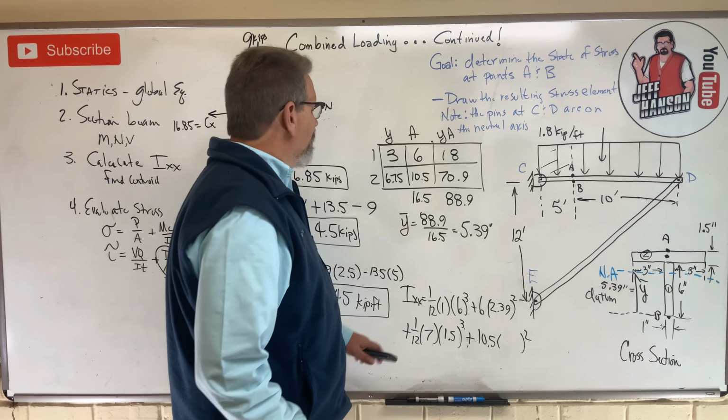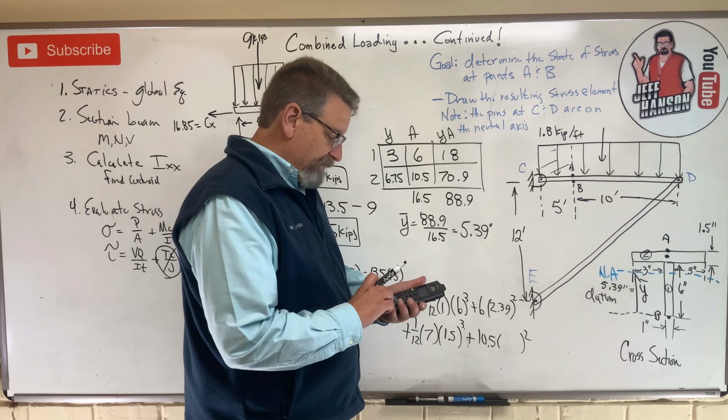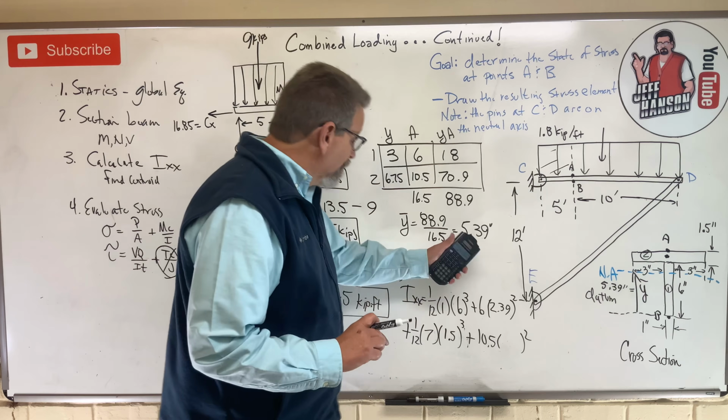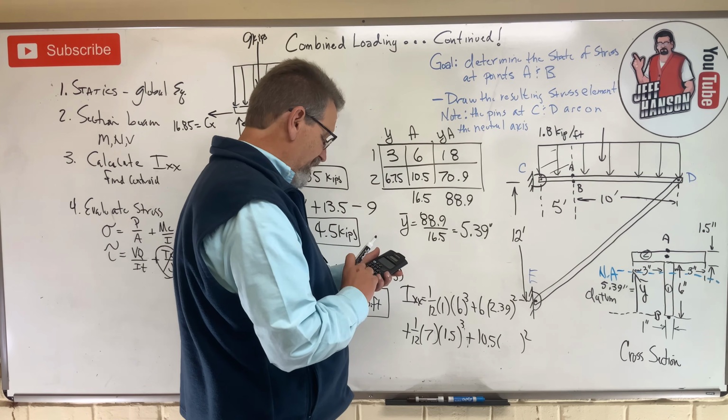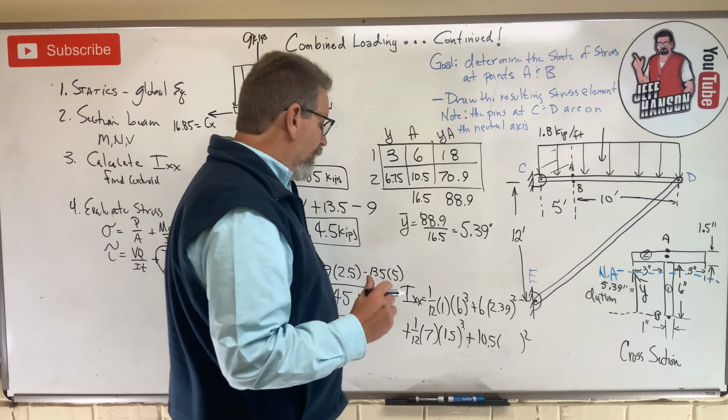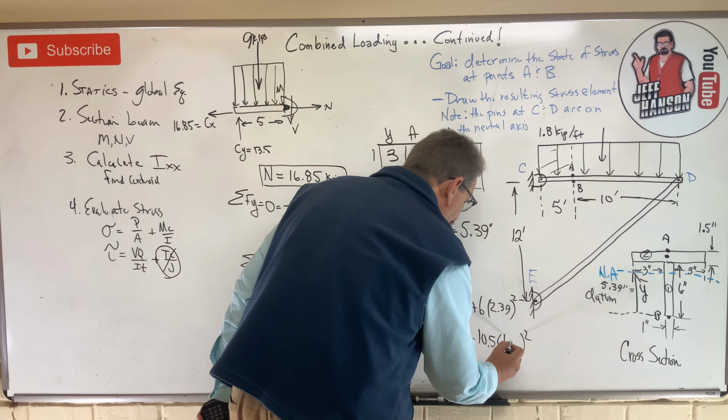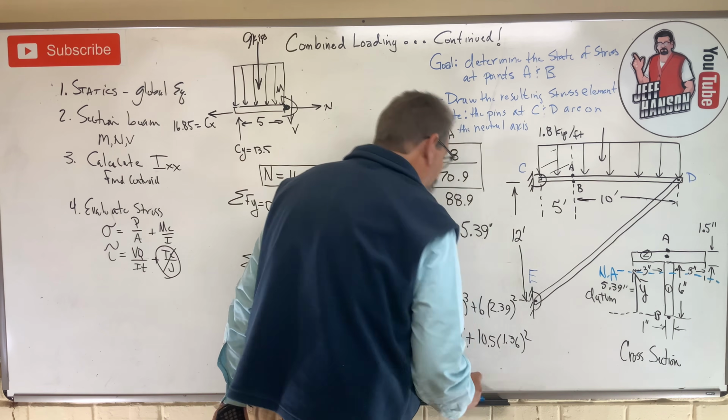What's D squared? This still works, okay? 5.39 minus that number, 6.75. Bam! 1.36. It works every single time.